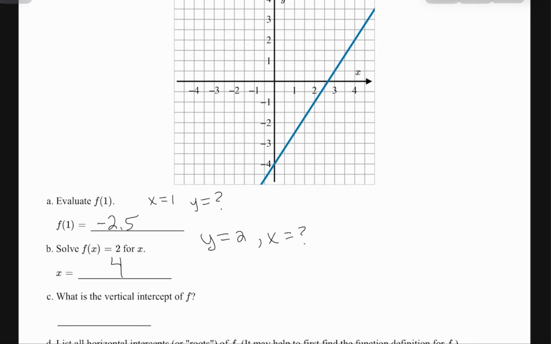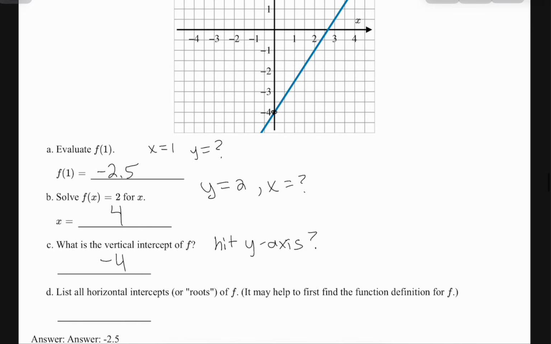So that's what they're saying in part A and B. Now, the vertical intercept is just where does it hit the y-axis? Remember, that's our y-intercept. So you'll see it hits it at negative 4. What are the horizontal intercepts or roots? That would be right here. Now, the 2.5 line, it's just after that. So let's go 2.7.